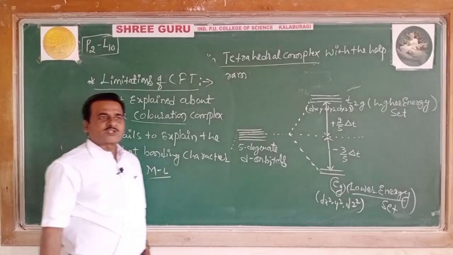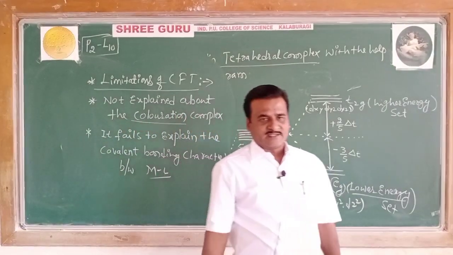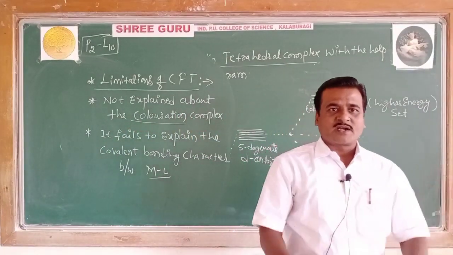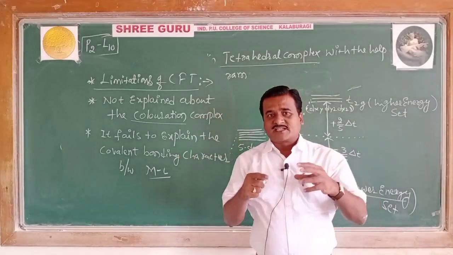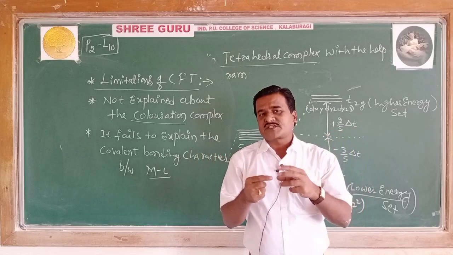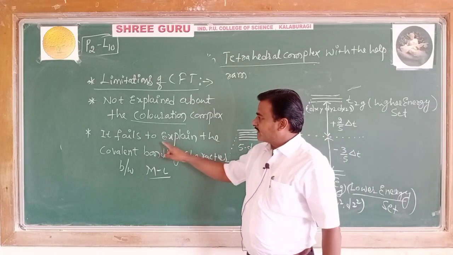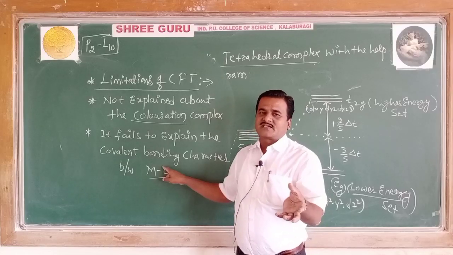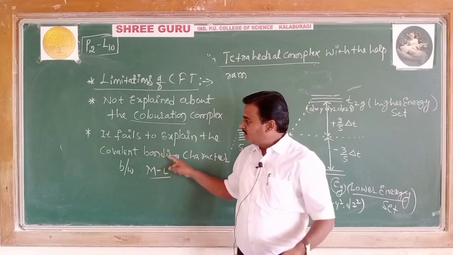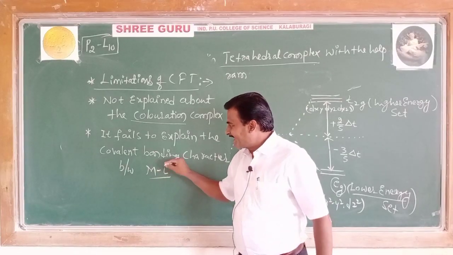Even though there is a coordinate bond, in this theory it was considered to be an electrostatic force of attraction. That's why this theory fails to explain the covalent character between the metal and the ligand.